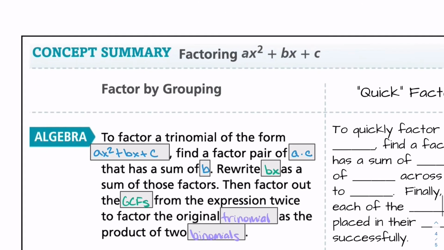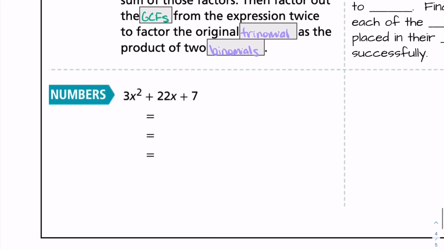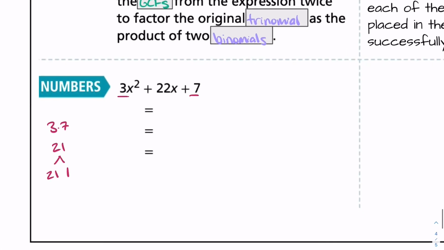and that leaves us with the x minus 1. Okay, so in this one, here's an example, a times c. So 3 times 7 is 21. 21 breaks into 21 and 1, which is 22. So we do 3x squared plus 21x plus 1x plus 7.